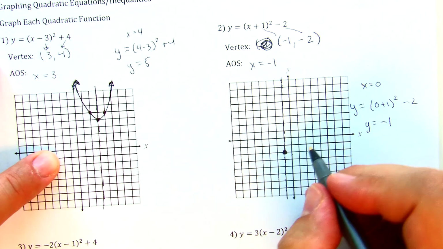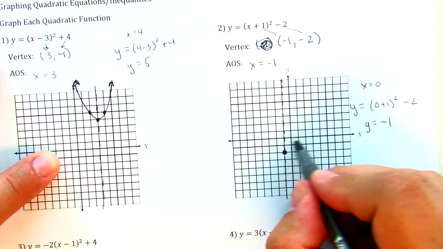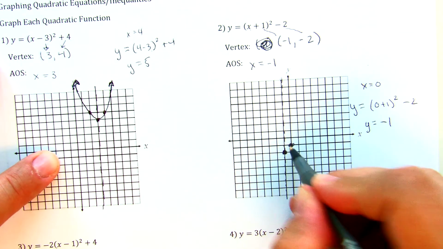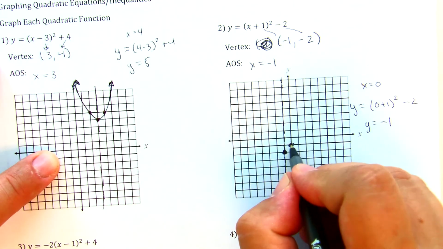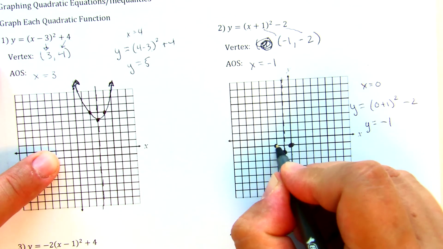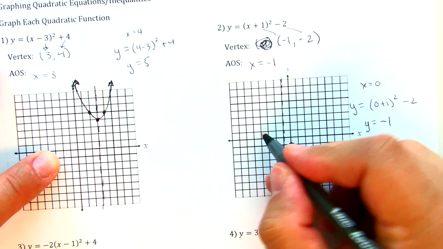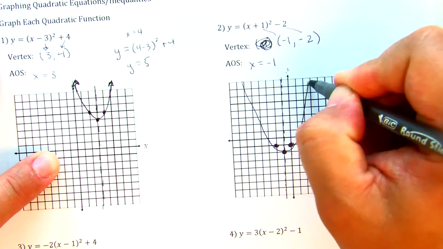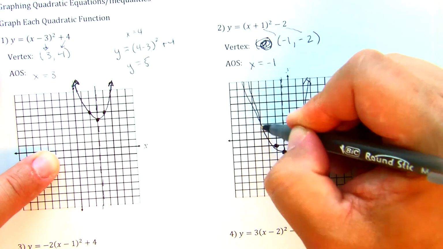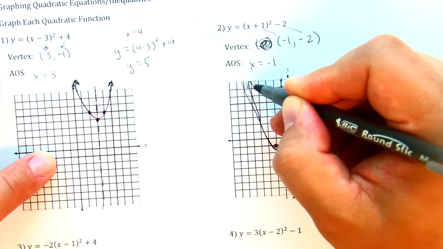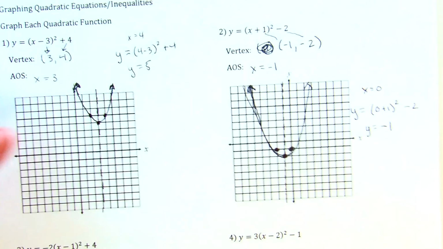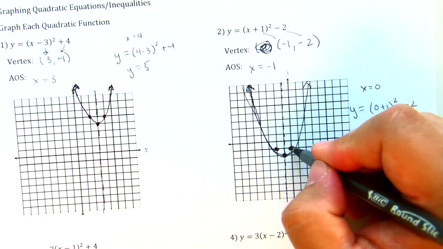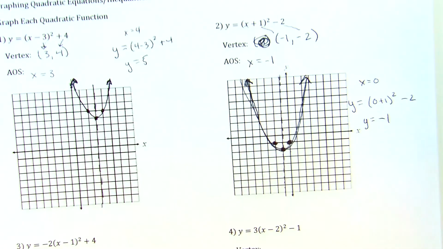So I'll have a point at 0, negative 1, which is right here. And the axis of symmetry tells me that I'll have another point right here, symmetrical, on this side, and then I can just say, okay, it's going to look something like that. Wow, that's pretty terrible, but, you know, that's why I teach math and not art. Okay, so, a little bit better. Well, that's not too bad, is it?